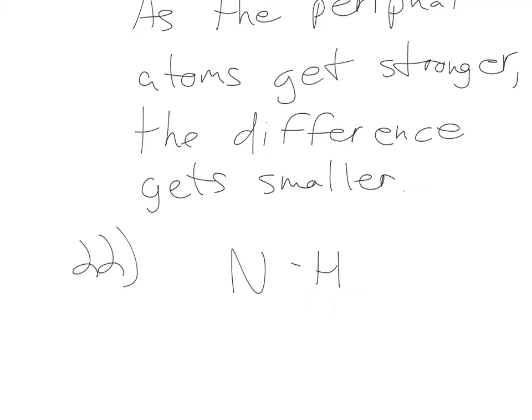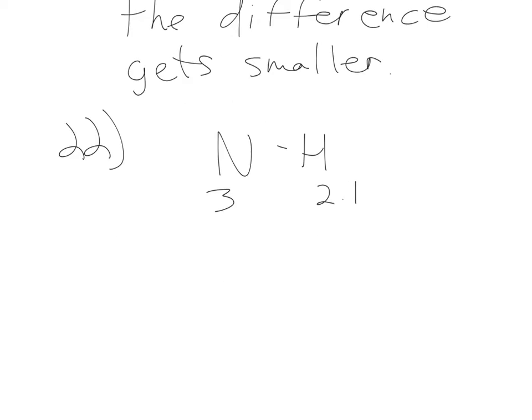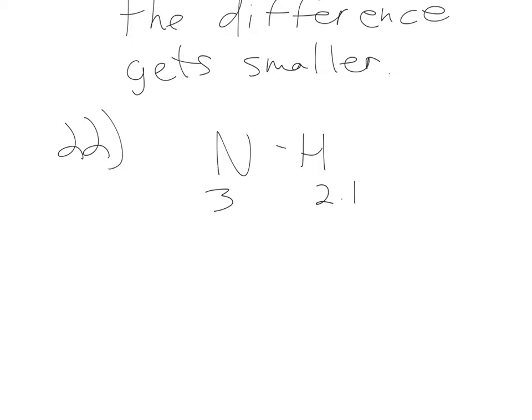So let's find our table of electronegativities. Just to make sure, hydrogen is a 2.1. Nitrogen is a 3. Okay, I was at least right on that. Then we should have nitrogen and chlorine.